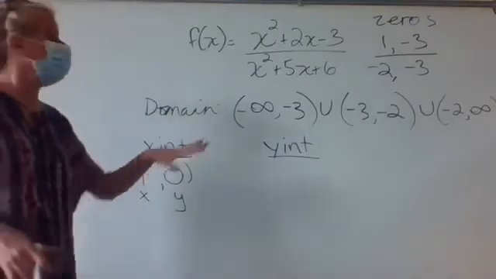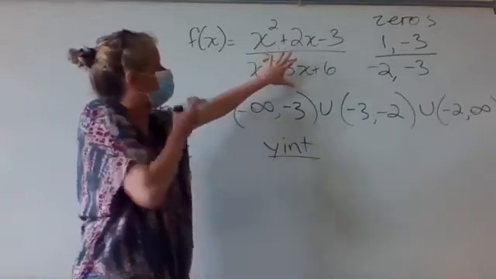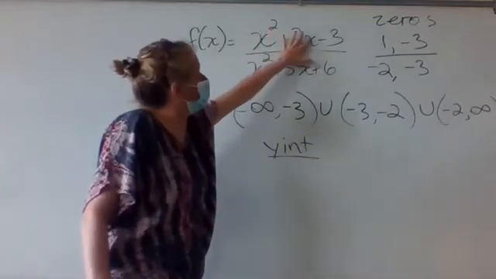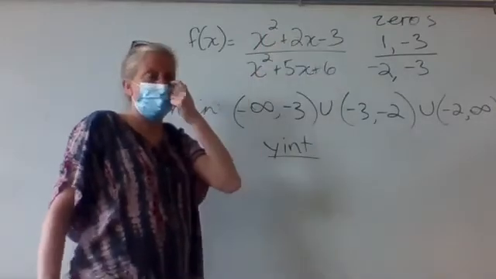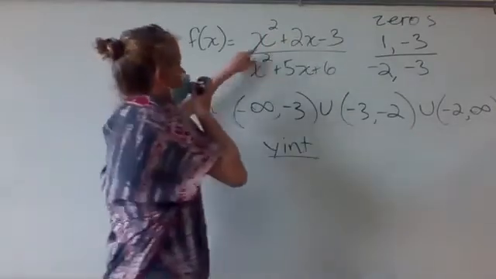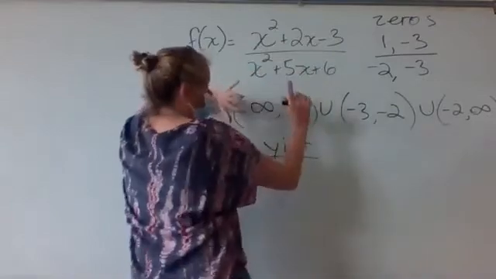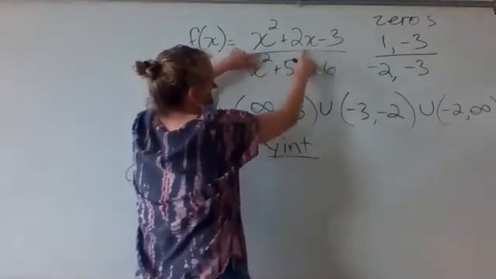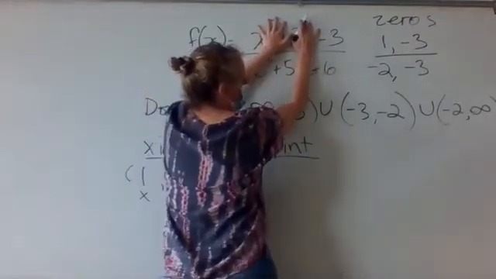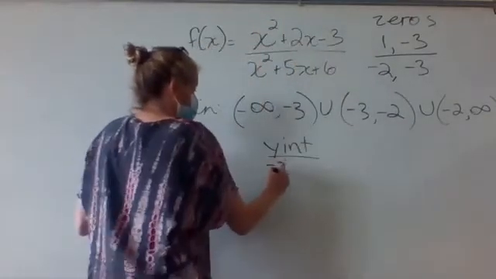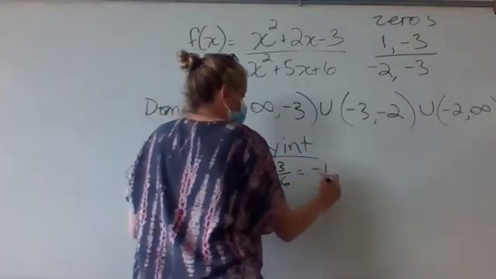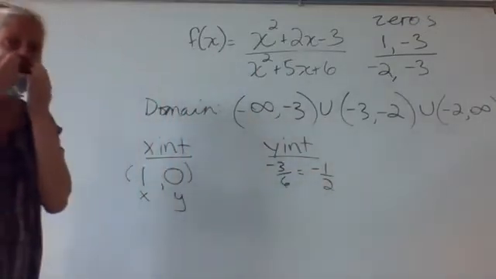The y-intercept. So that's when we come to the original function and imagine all the terms that have x's being gone, right? To find the y-intercept, I'm going to replace these x's with zeros, which is just going to knock them all out, which means what am I going to be left with? -3 over 6, which reduces to -1/2.